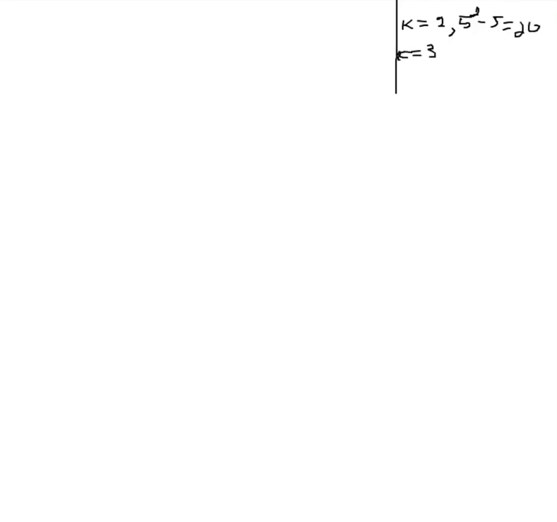If k is equal to 3, 5 cube is 125, 125 minus 5 is 120. And then if k is 4, 5^4 is 625, 625 minus 5 is 620. If you see, all these numbers are multiples of 4. Therefore, I can conclude that 5^k minus 5 is a multiple of 4.